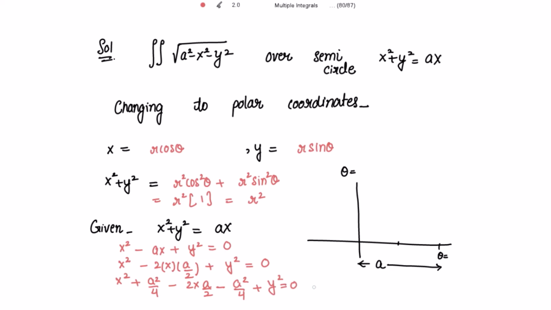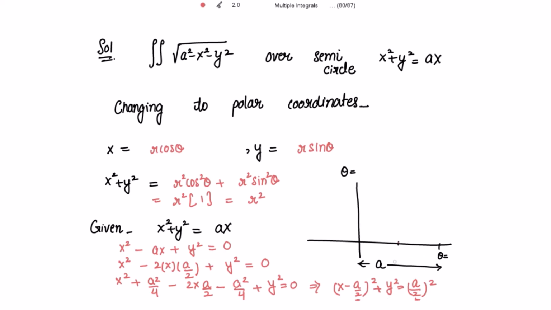From here you get x minus a by 2 whole square plus y square equal to a by 2 whole square. This is your center, this is your radius, right? So the center is a by 2, and y square means y minus 0 whole square, so the center is a by 2 comma 0.